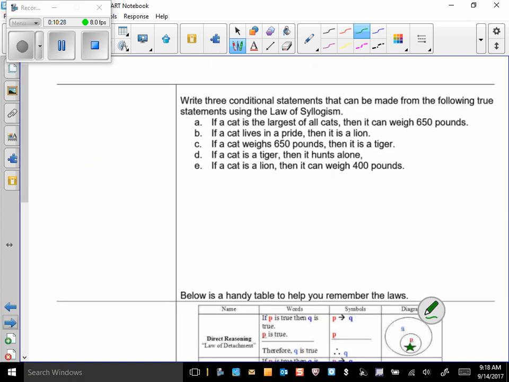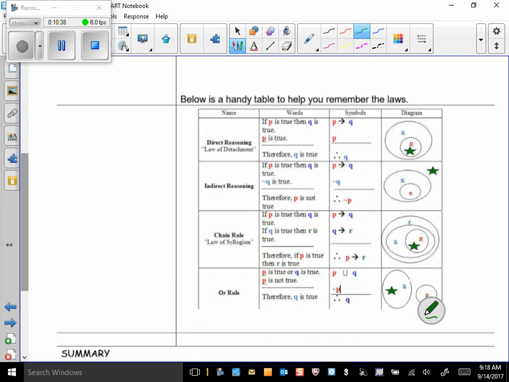Okay, all I got here is one more example, and I think I do want you to do this one on your own. I'm going to put the answer up, and the table below is something that I copied out of the book. Sometimes they call the law of syllogism the chain rule.